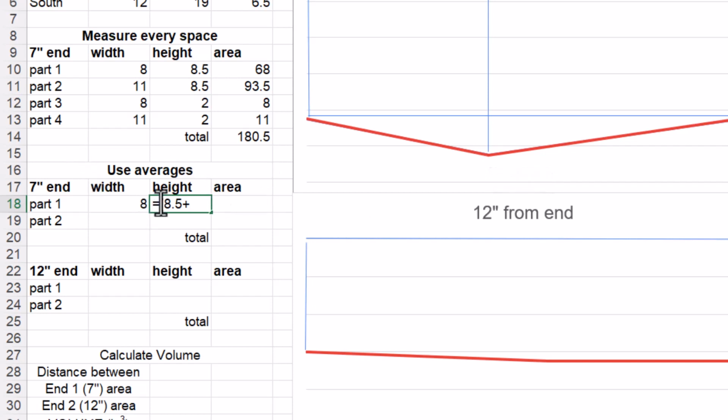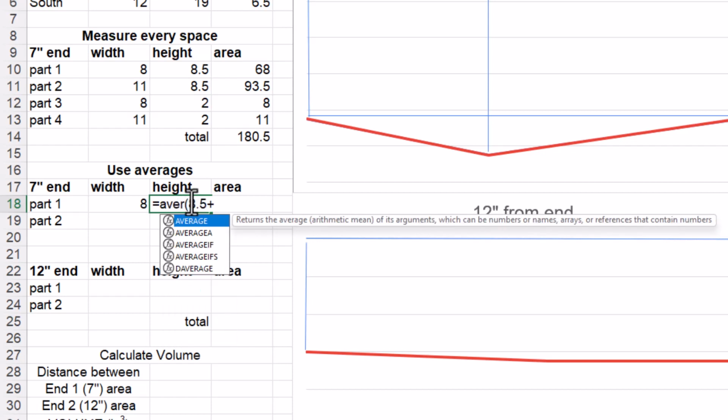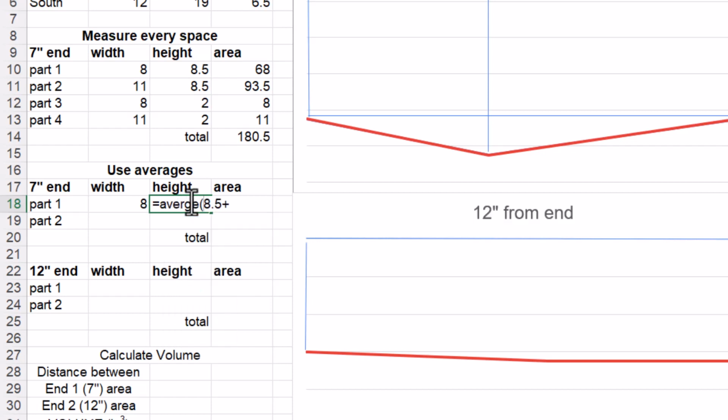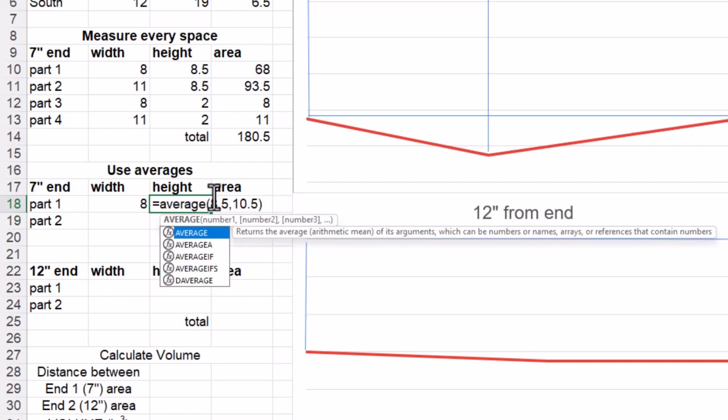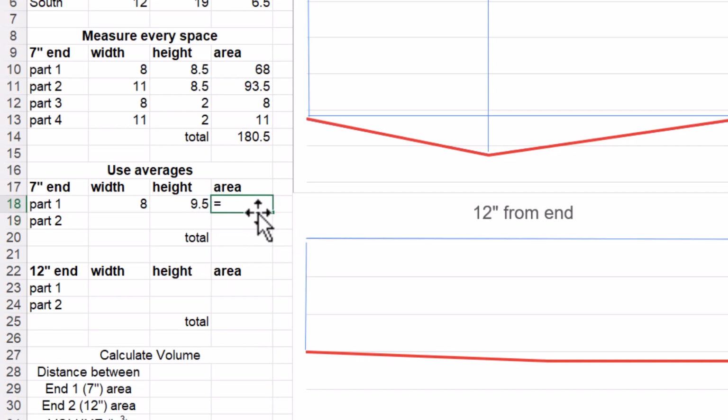I think we can actually just call this equals average, 8.5, comma, 10.5. I spelled the average wrong. And then our area is this value times this value, or 76.